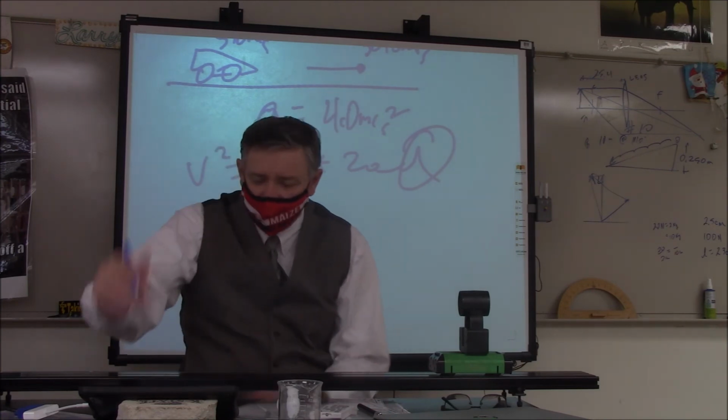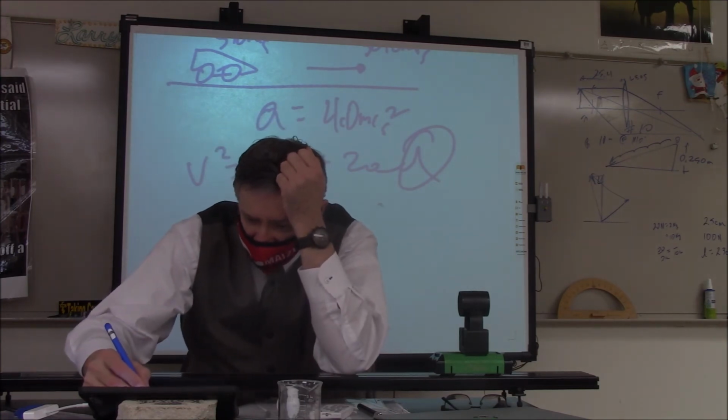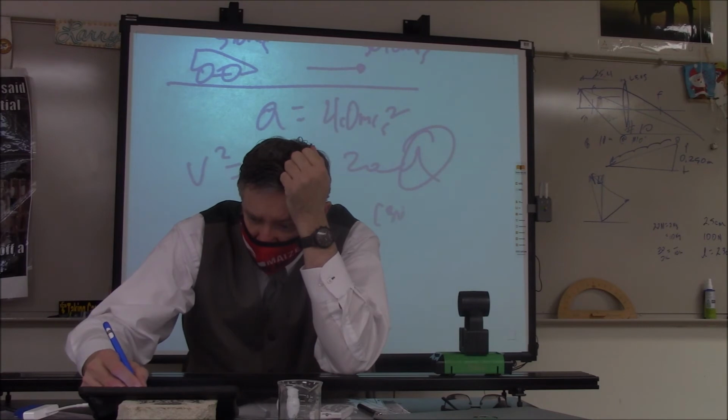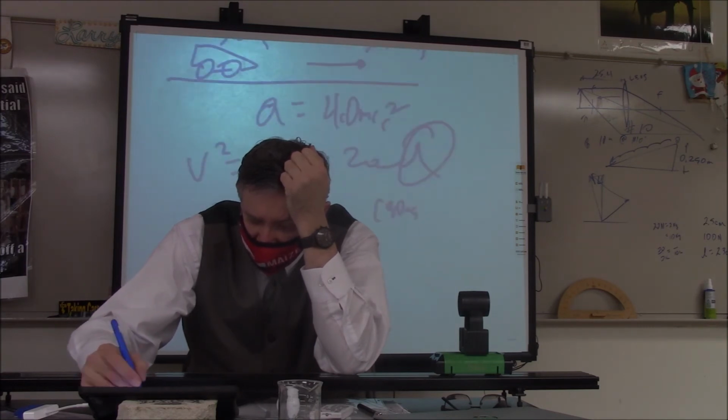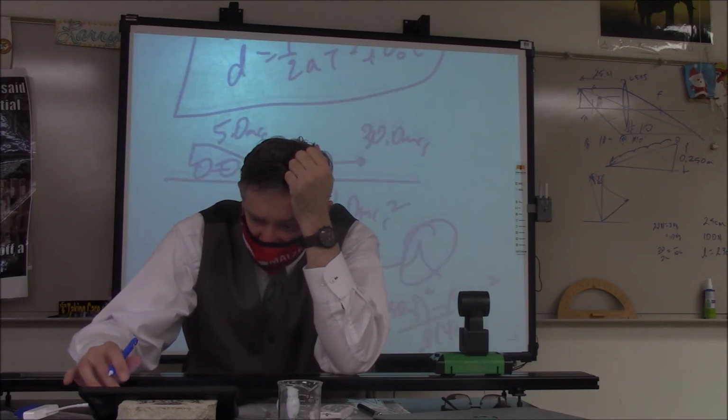Okay? So Matt, I just made up this problem, so wing this. So I'm going to have 30 meters per second squared minus 5 meters per second squared divided by 2 times 4 meters per second squared.